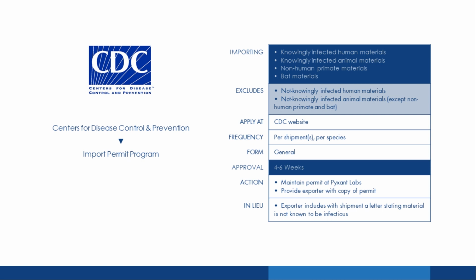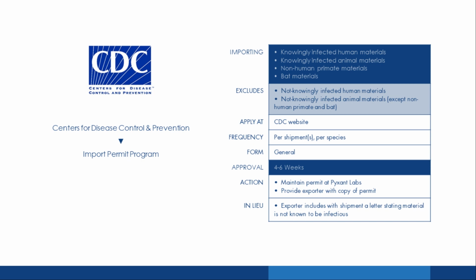Now, it's important to note that if you're trying to ship biological samples across the US border and they are not knowingly infected, the exporter should include a letter with the shipment that states to the effect that the material is not known to be infectious.